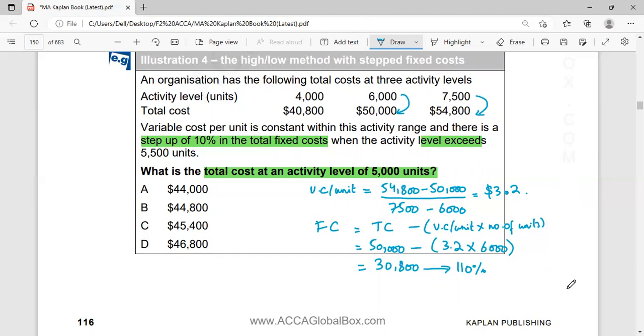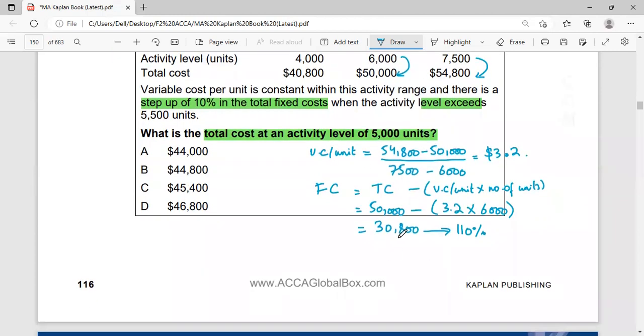Now how will I take it? This 30,800 is equal to 110%, and I need to remove that 10% step up. So I will divide 30,800 by 110, which gives me 1%.